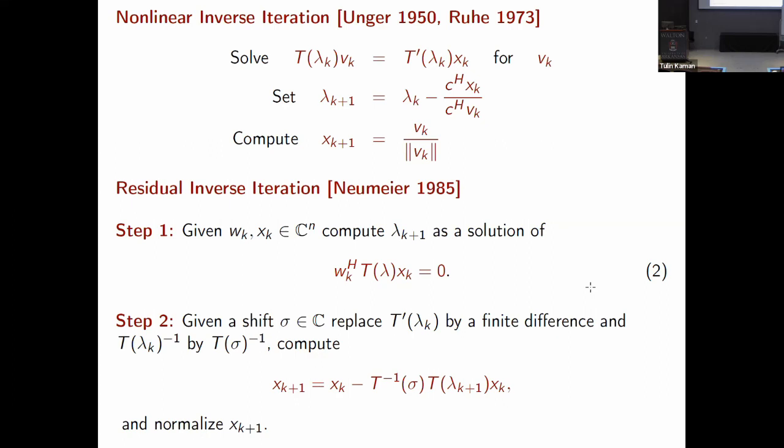And I also replace the derivative by a finite difference. So if you put that all together, this is the update you get. So we have x_{k+1}, it's x_k plus this update.